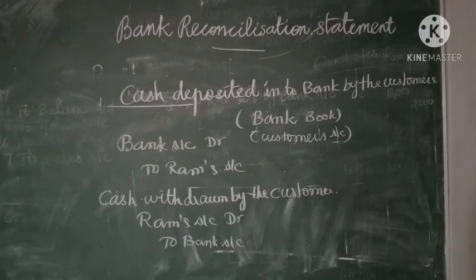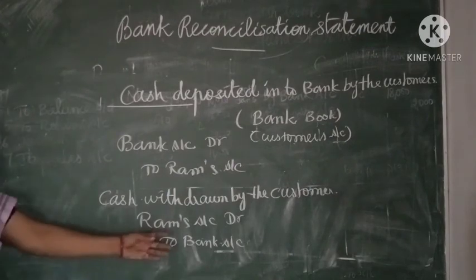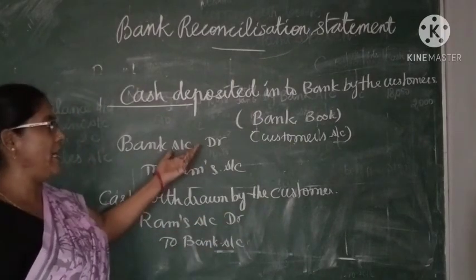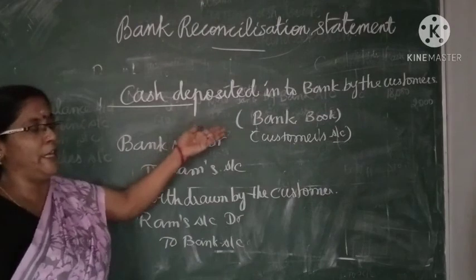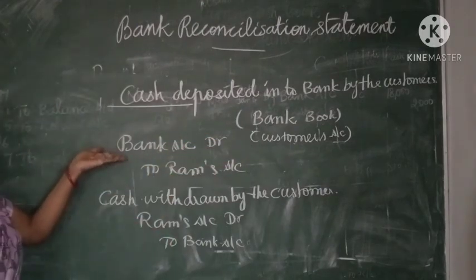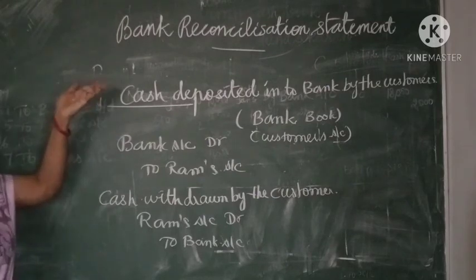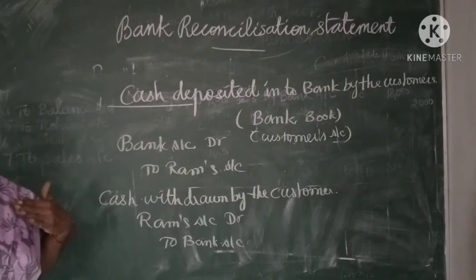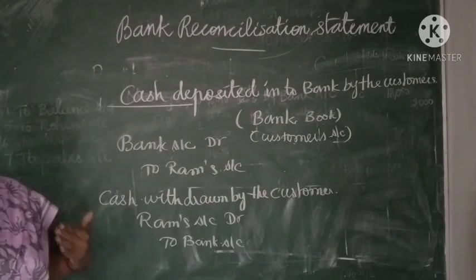Are you clear that the customer account is debited as this decreases the amount owed by the bank to the customer? Because the bank balance will be decreasing, we are crediting. Bank balance will be increasing, so we are debiting the bank account. While depositing, we debit the bank account because the bank balance is going to increase, so they maintain the favorable balance as the credit balance, isn't it?